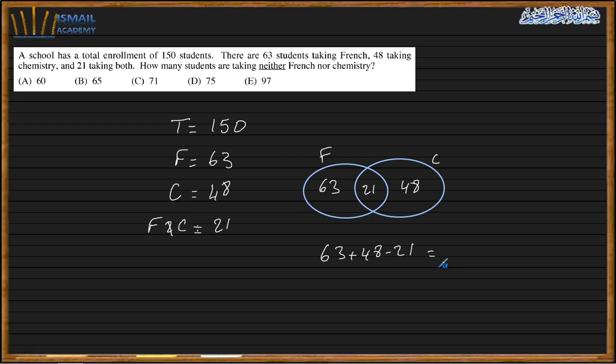So it's 63 plus 27, which is 90. For those taking neither French nor chemistry, I take 150 minus 90, which is 60, and A is my option.